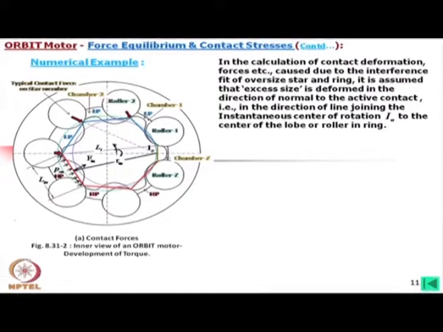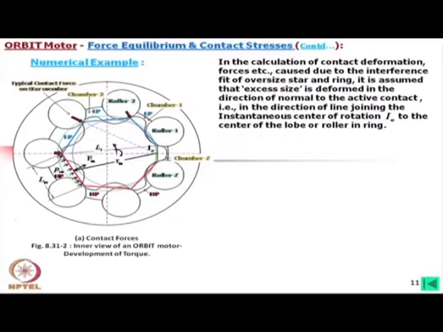Now, here I would like to mention, if you consider a simple cylinder and a hole, a perfectly round cylindrical body in interference fit, you may consider the contraction of the cylinder to be uniform over the periphery, and the expansion of the cylinder is also deformed uniformly over the periphery.